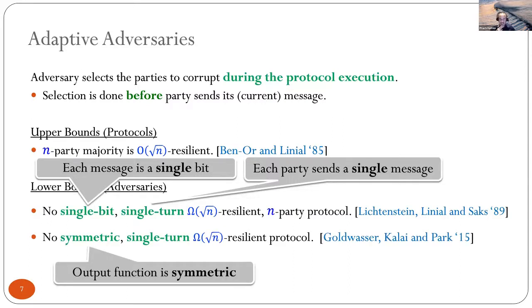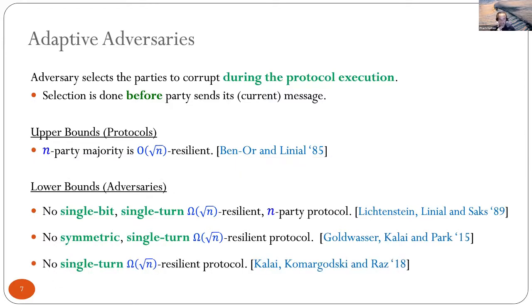Later, Goldwasser, Kalai, and Park proved it for symmetric single-turn protocols, where symmetric means that the function that determines the output is oblivious to the names of the parties. And more recently, Kalai, Komargodski, and Raz fully closed the case of single-turn protocols, proving that any single-turn protocol can be fully biased by square root of n corruptions. But the many-turn case was fully open. There was not even a slight lower bound.